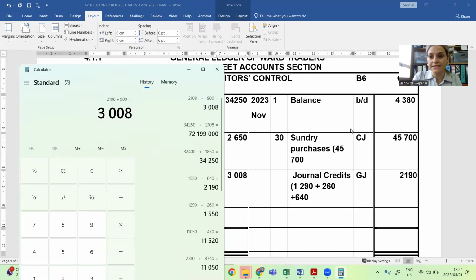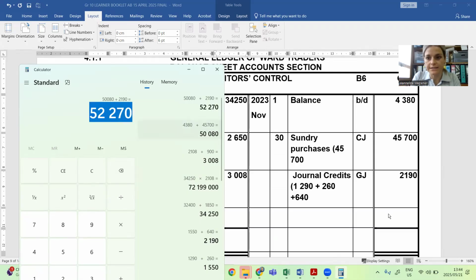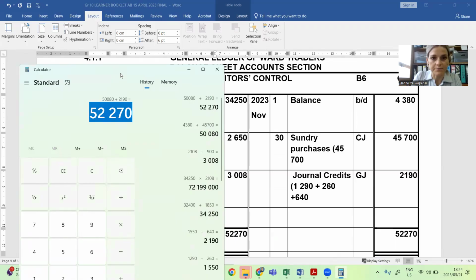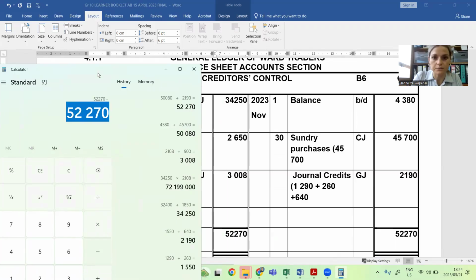Okay, so now we balance the account. So we add everything on the credit side to get the total. Credit side is the bigger side. So we take the total of the credit side and we write it on both sides in the total column. Then we subtract what we have on the debit side, the smaller side, so minus 34,250 and 3,008.